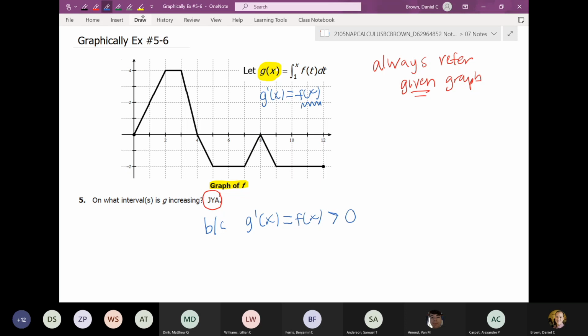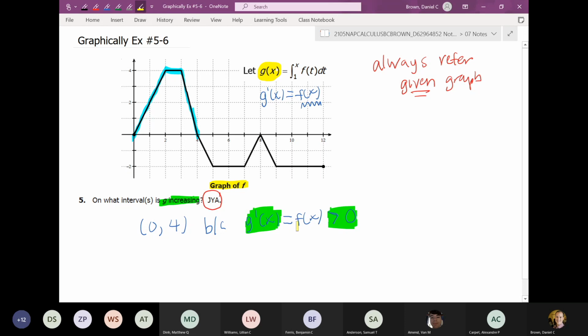So where would g be increasing? g is increasing wherever f is greater than 0. Well, we're looking at the graph of f. Where is f greater than 0? f is greater than 0 on the interval from 0 to 4. Talking about things that you must include, you have to mention, of course, g prime is greater than 0. That is what makes function g increase.